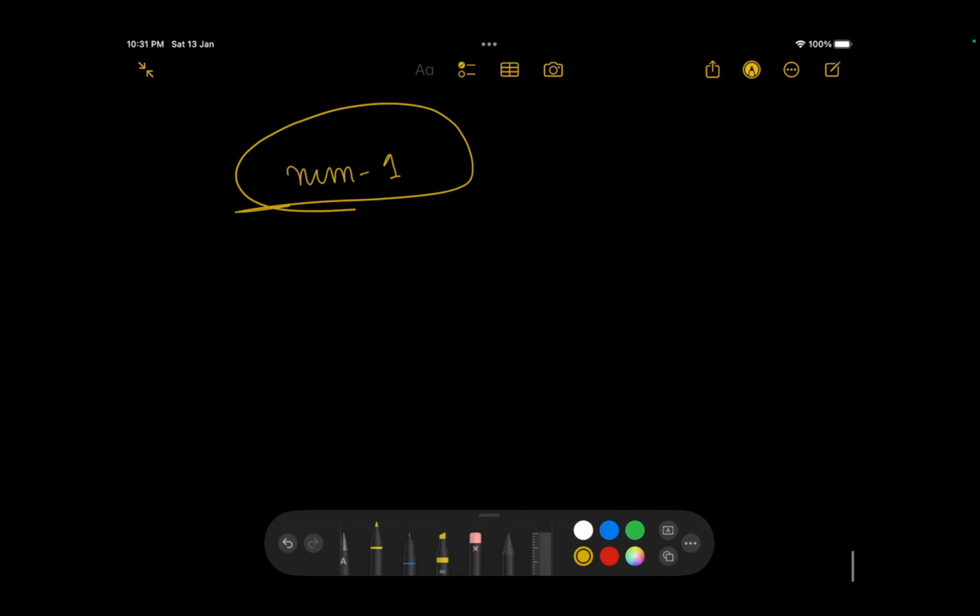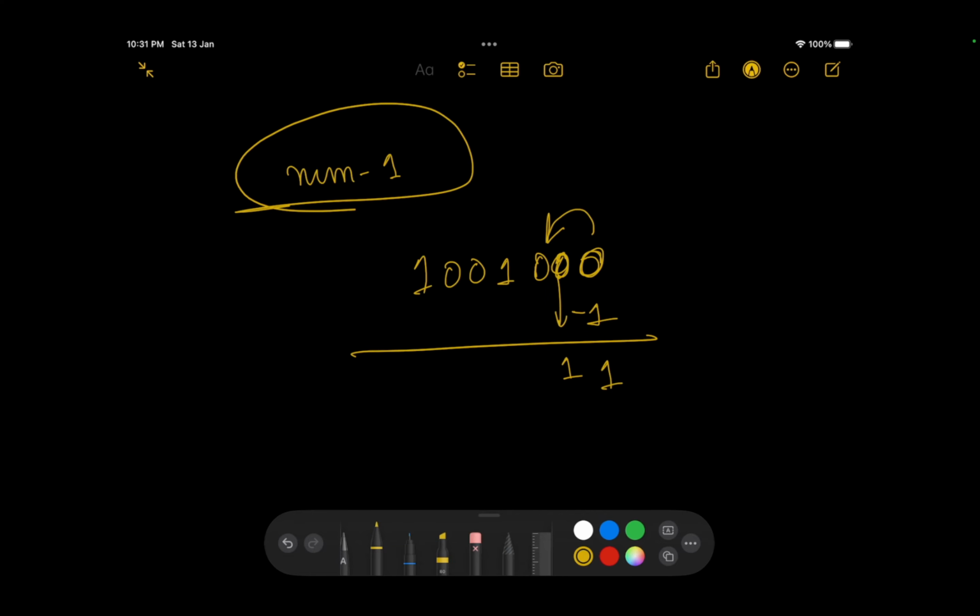Let's say we had a string like 1 0 0 0. You subtract a 1, and there would be a carry over here and it would become a 1. The carry would transfer over here, then over here. Now this is a 1, this would get turned to a 0, and the carry would be over.